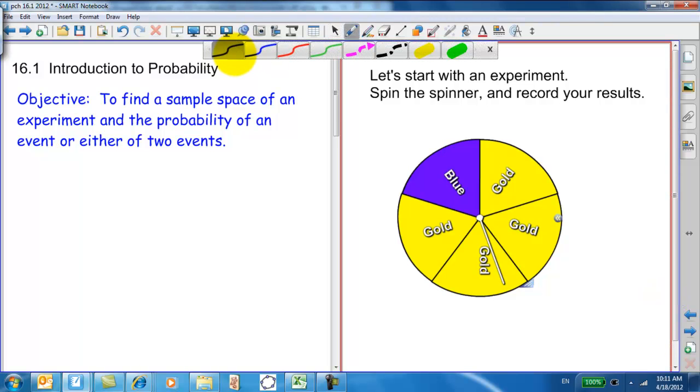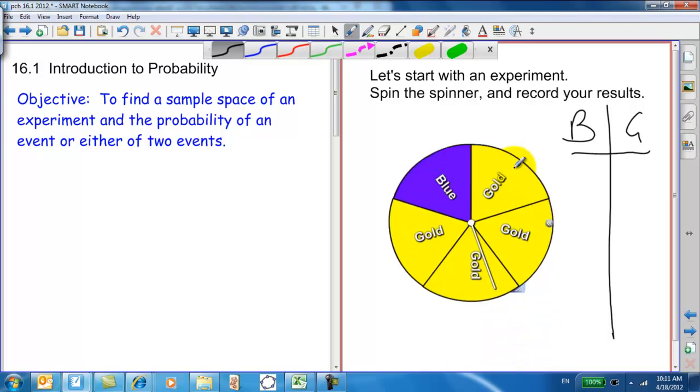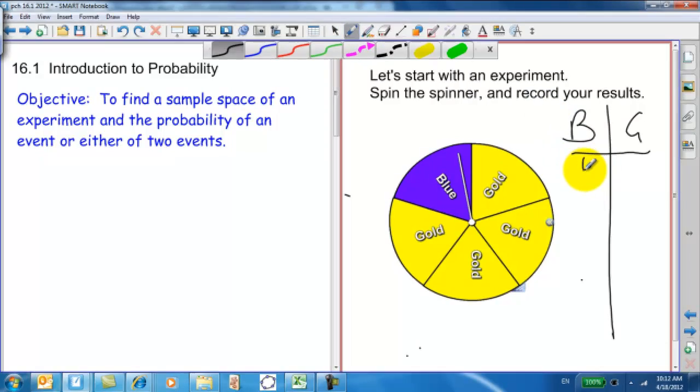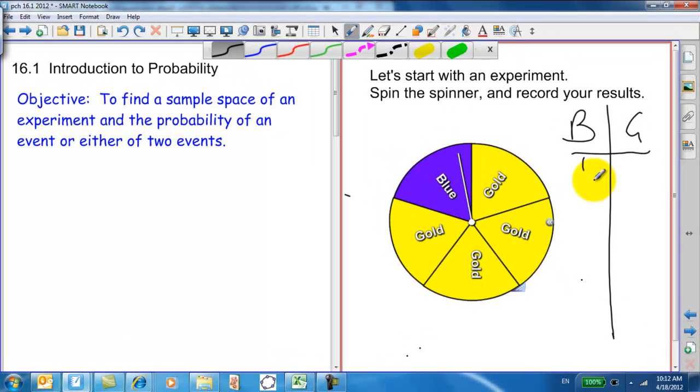There we go. Blue or gold. And we'll keep some tallies going, okay? So here we are, spin the spinner. Go. That's a blue. Spin it again.